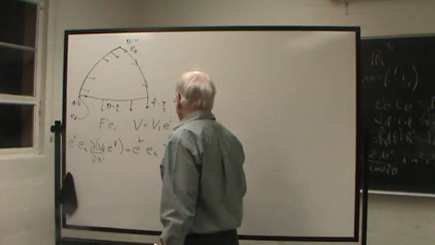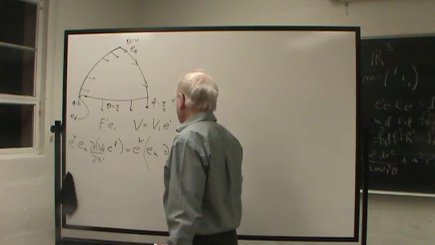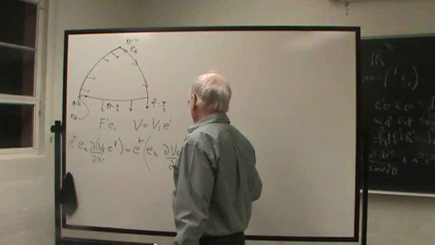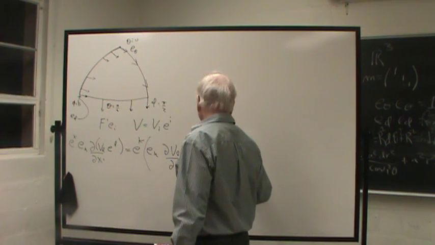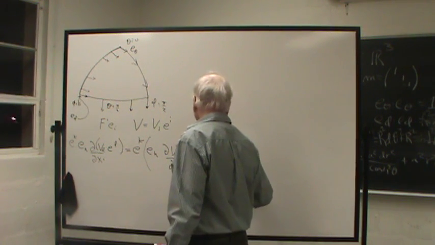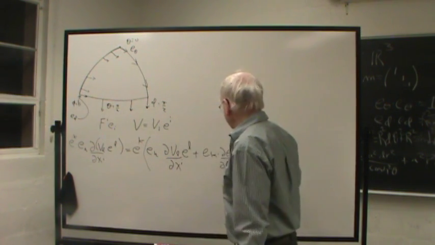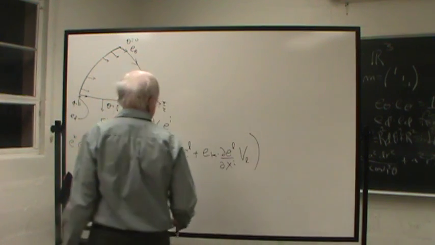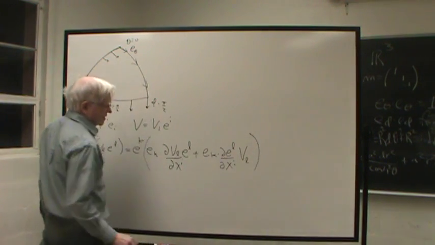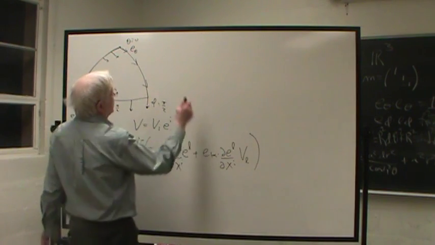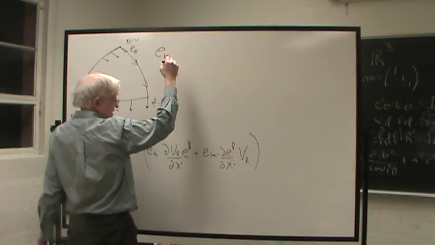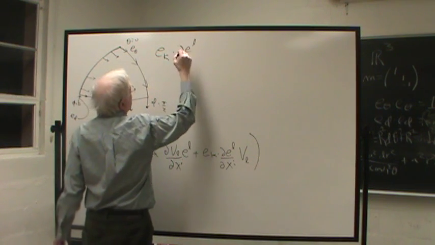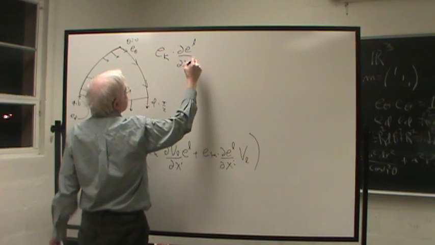And then the other term is E_K dot partial E_L partial XI times V^L. Okay, so now we've got a new symbol here. What is this thing, E lower k dot partial EL partial XI?